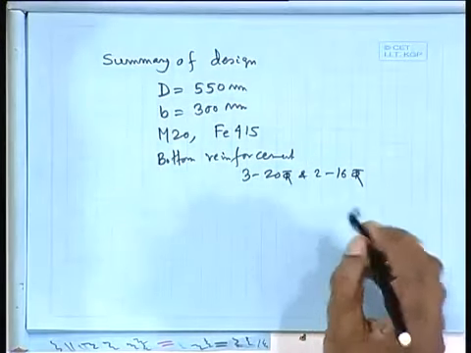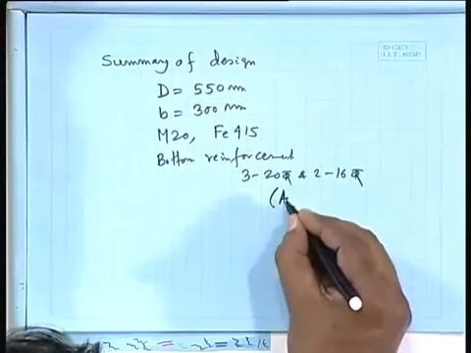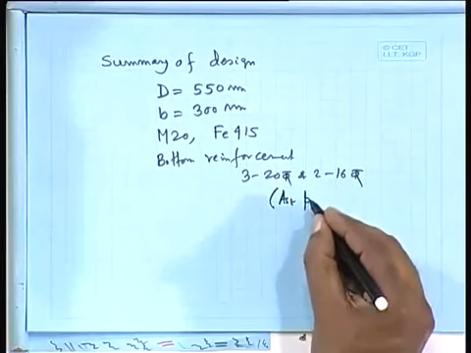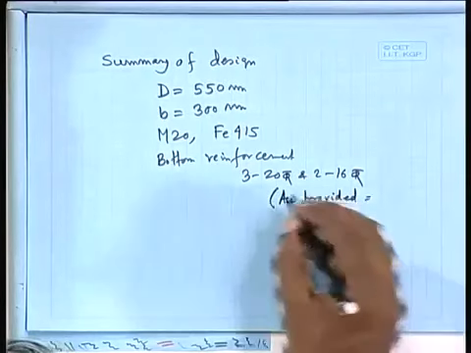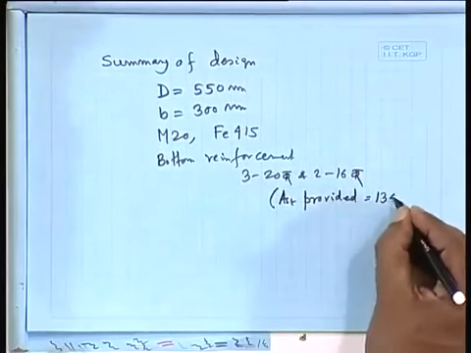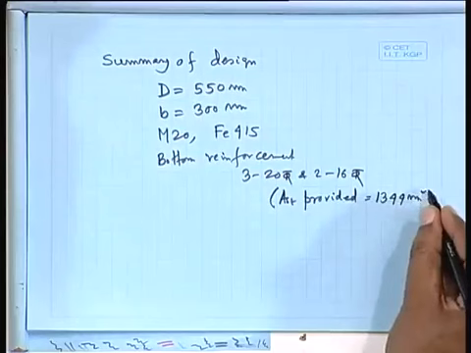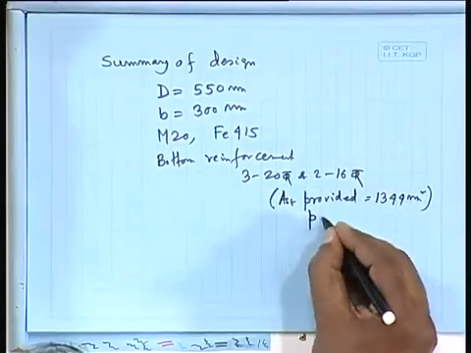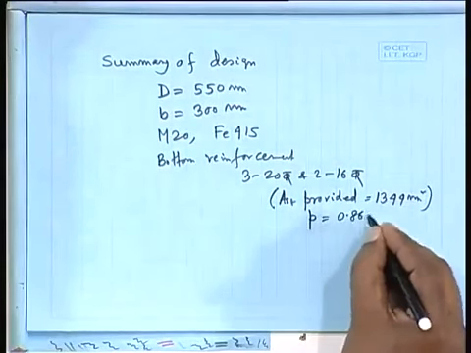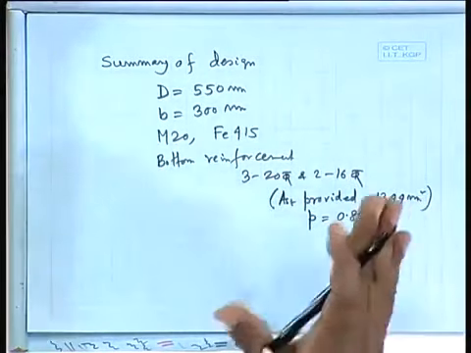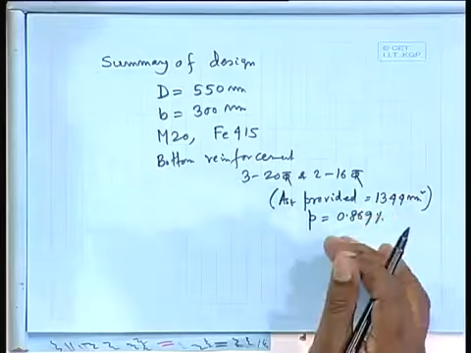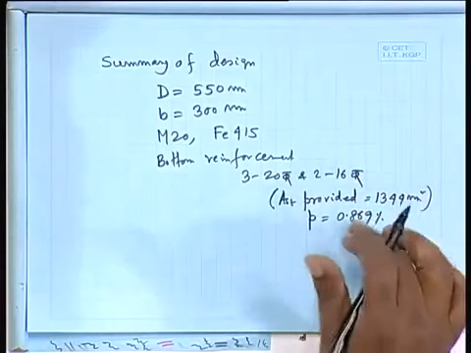So we are providing here, so area of steel provided that is here 1344 square millimeter, P 0.869%. So that just we can check it whether we are fulfilling all the codal provision, the limiting values, all those things.